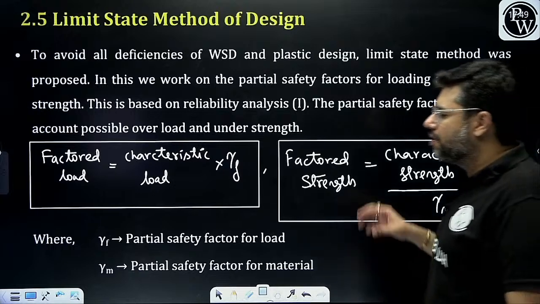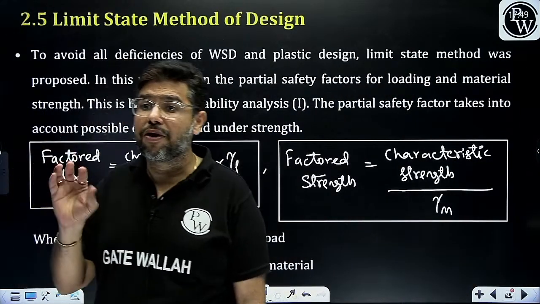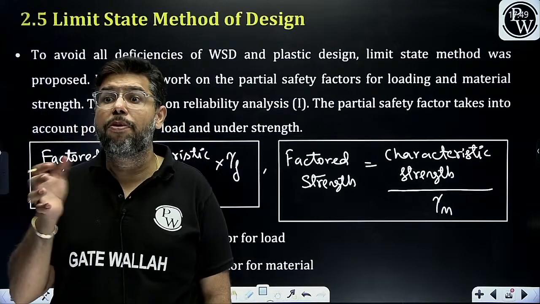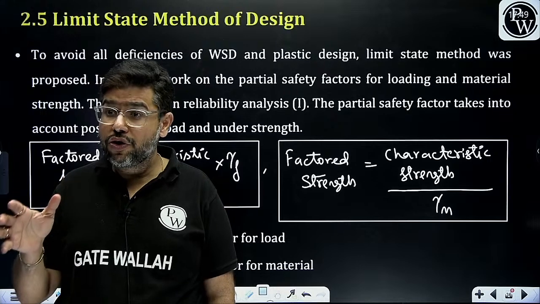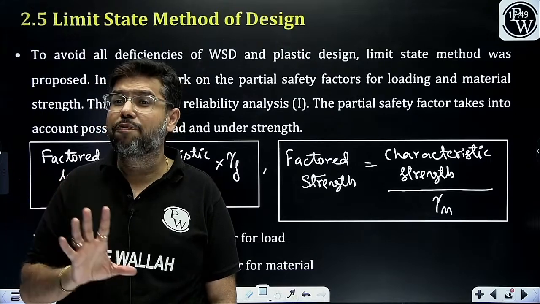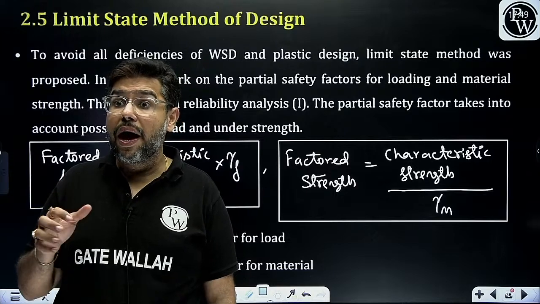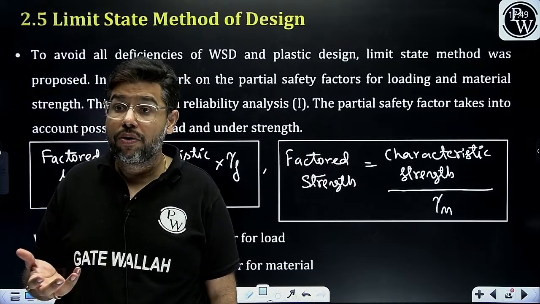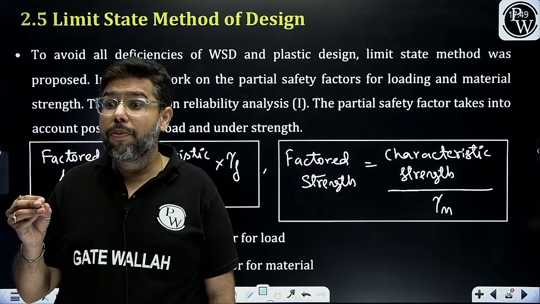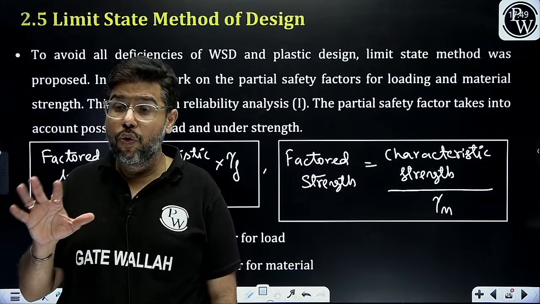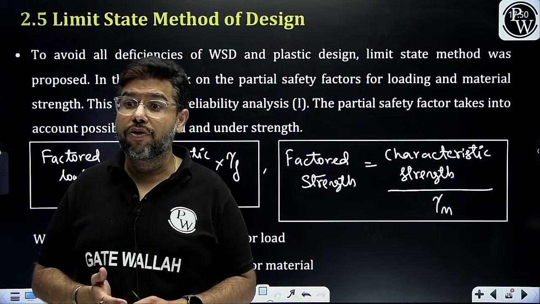So, characteristic strength is that strength below which not more than 5% of the samples will fall. So, the strength below which not more than 5% of the samples will fall is known as the characteristic strength, and characteristic load is that load above which there will be occurrence of load only 5% of the times in the total design life of the structure.